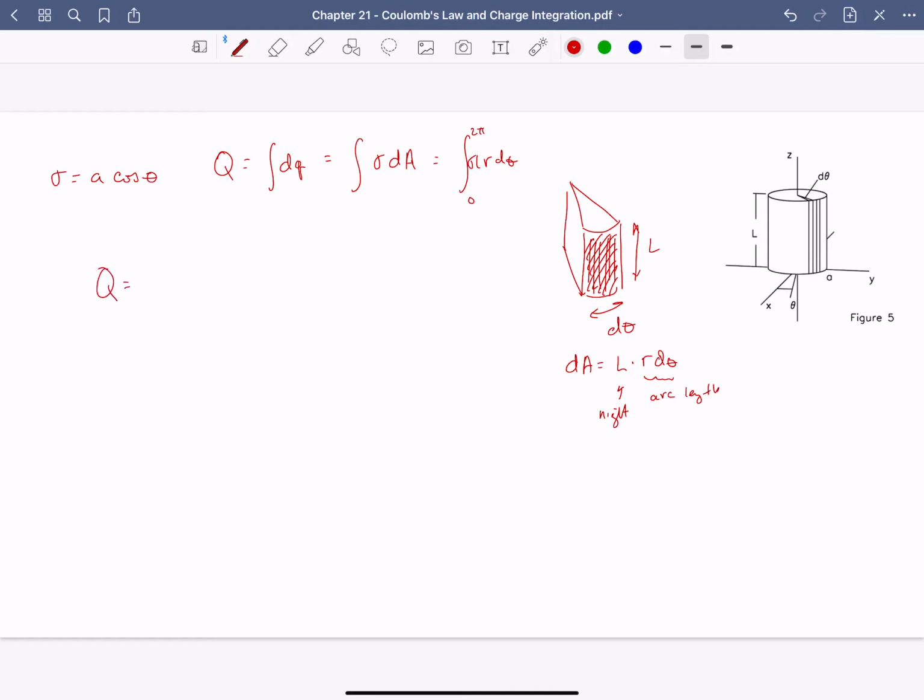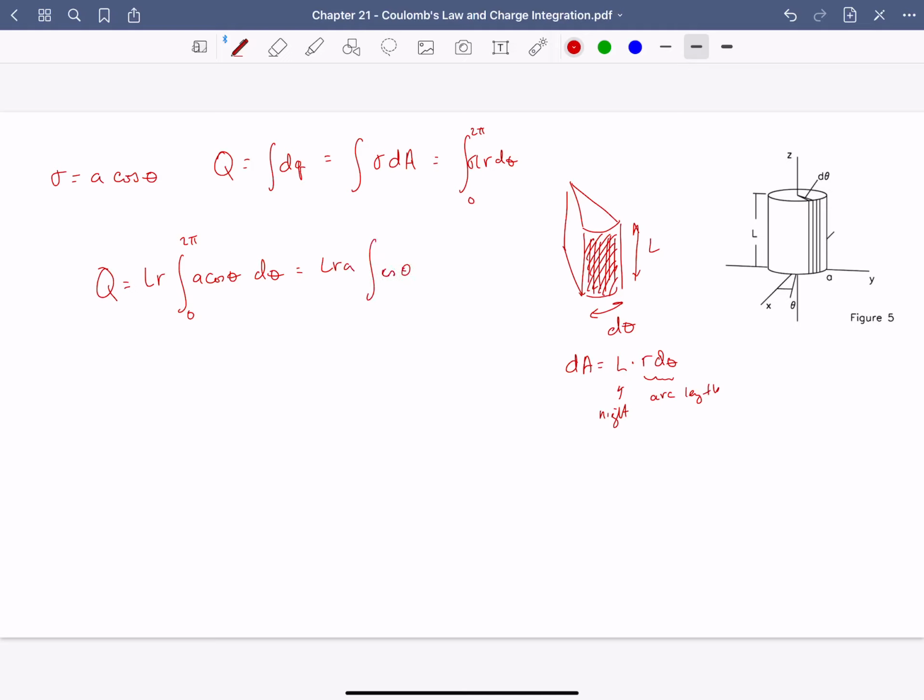So performing the integral, I will try to keep my brain locked in here. This is going to be L R times the integral from 0 to 2 pi of sigma A cosine theta d theta. Again, the L and the R come out because they're not changing in the integral. They're staying the same. And then I can pull the A out because it's not changing.